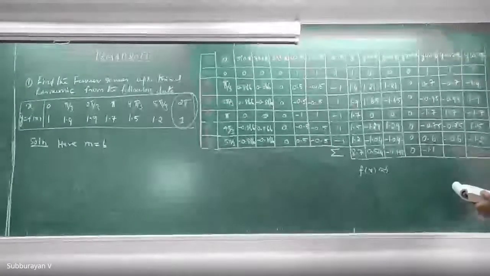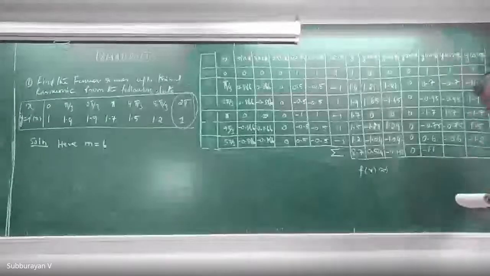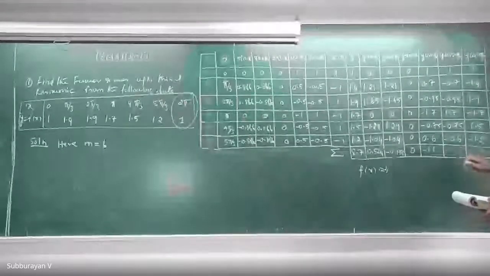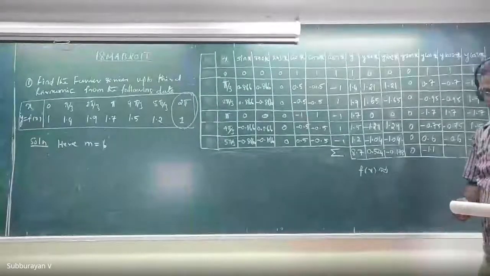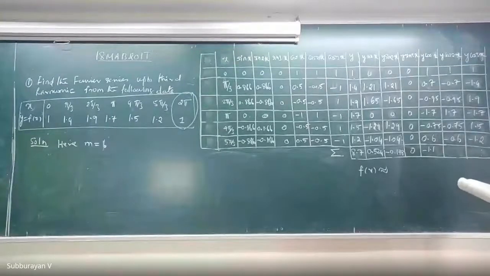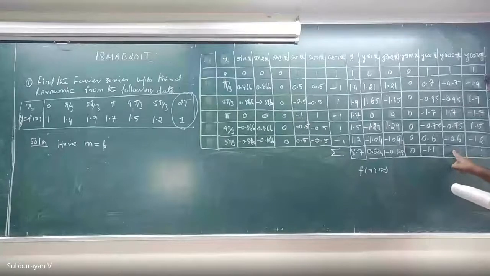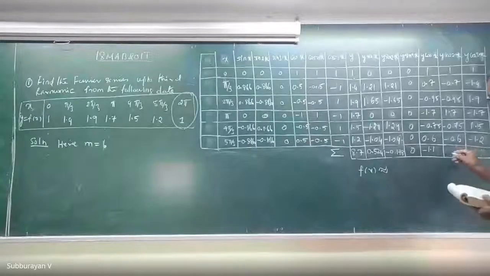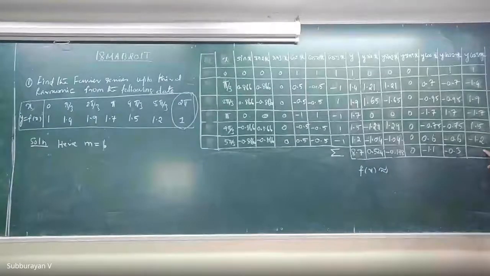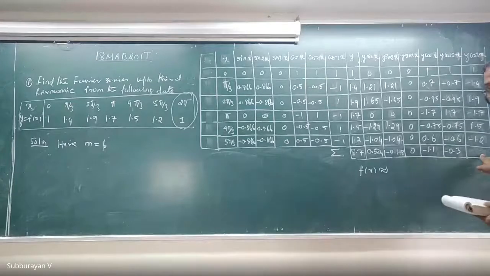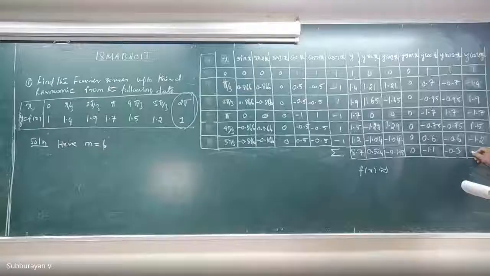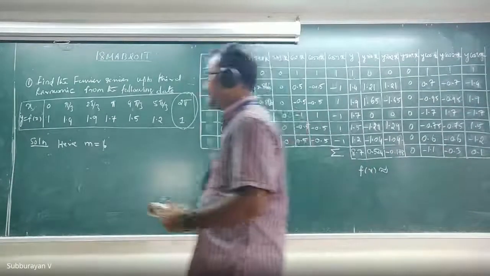Okay, and y cos 2x is minus 0.3. And y cos 3x is 0.1. Okay, we got all this data.